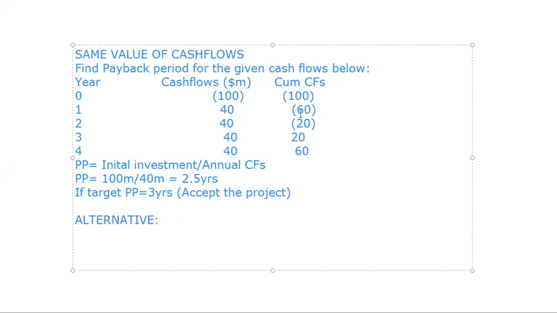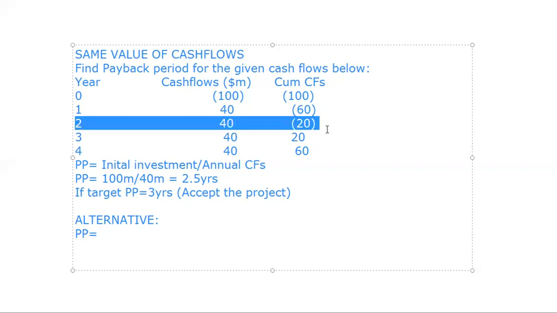So what we do, you ask yourself, 2 years have passed and I still had negative cash flows of negative 20. But at the end of year 3, it was positive. So I just need to move from negative 20 to 0, and I compare it to negative 20 to positive 20. Your payback period would be as follows. First of all, you take the last year before the cash flow became positive.